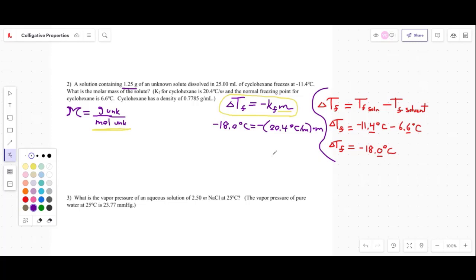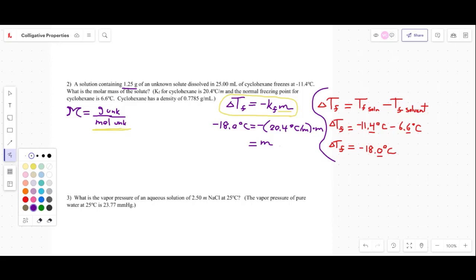Okay, so then all we have to do is what? Calculate the values to get the molality of the solution. And we do that by dividing both sides by the KF constant, by the negative 20.4.